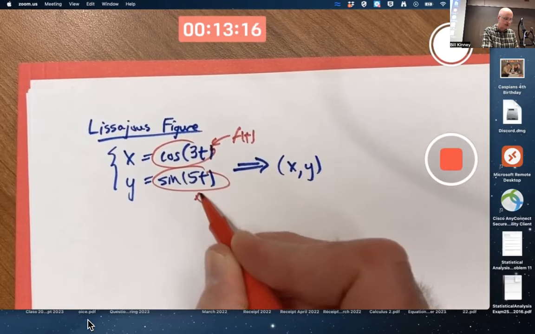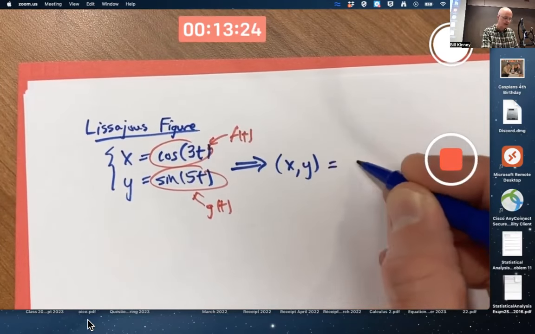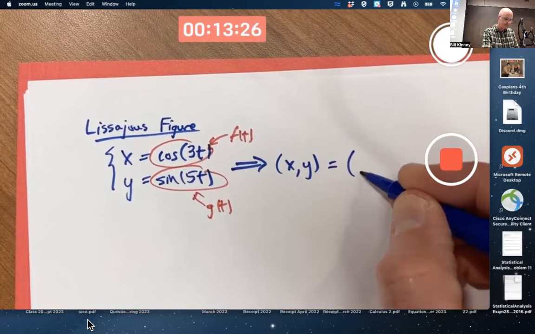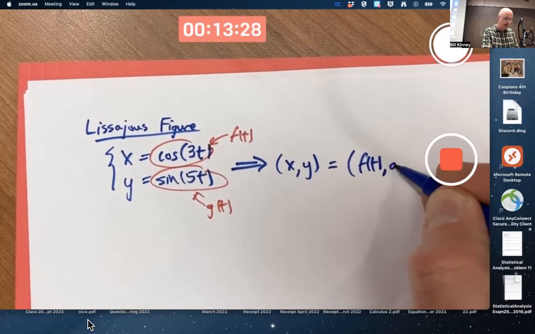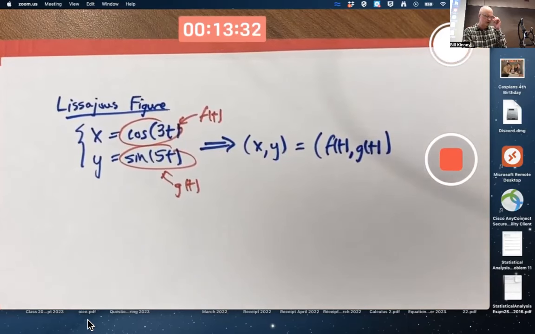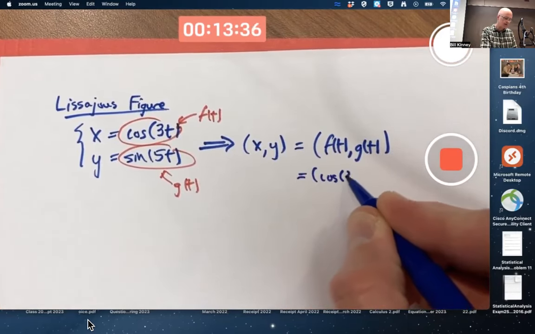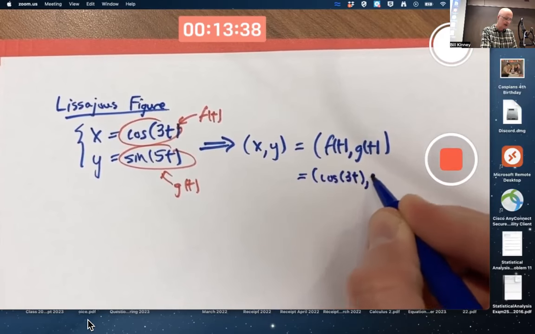This one's going to be g of t. So I can think of those as two separate equations, but I can combine them into a single point equation where the components are f of t and g of t individually, which in this case become cosine of 3t, sine of 5t.